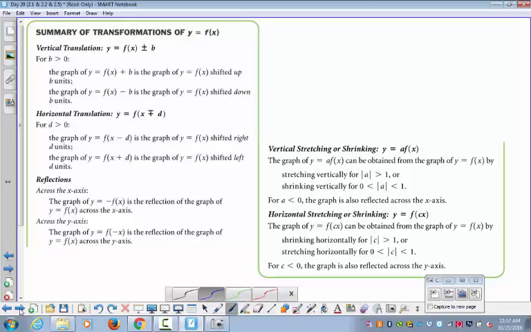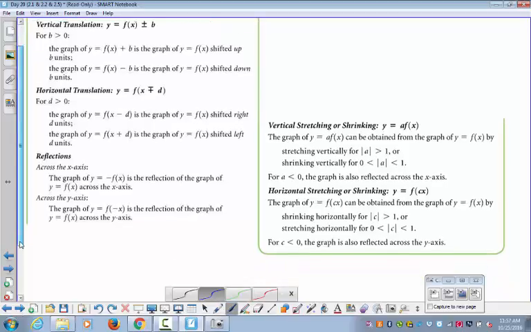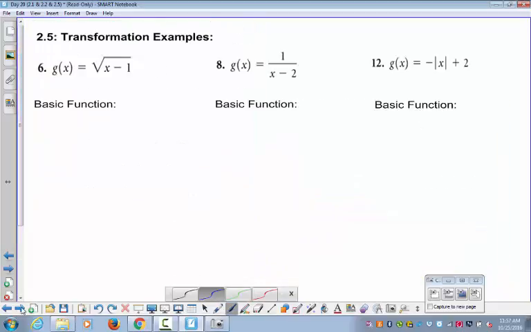Inside bigger than 1 is compressing. And that makes sense conceptually, because a vertical stretch is the same thing as a horizontal compression. Vertical stretch, horizontal compression are the same. Okay, so we'll do a couple of examples where we can really see that. So that just kind of summarizes it.